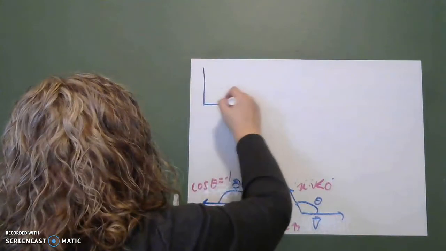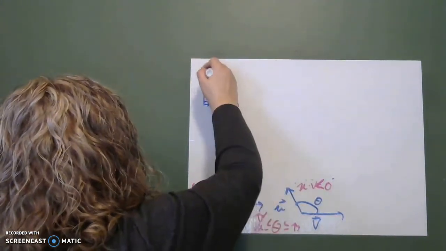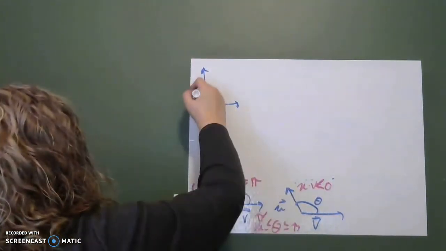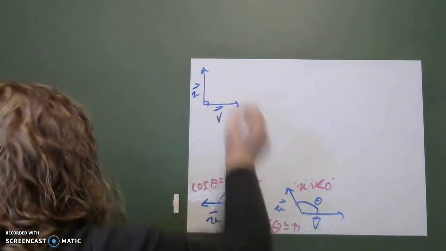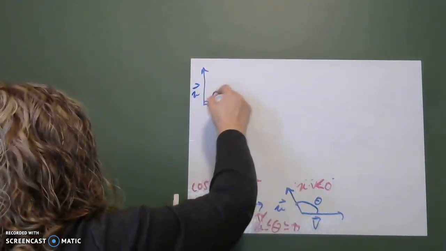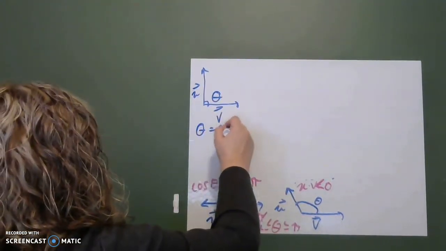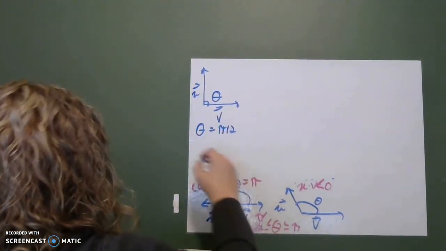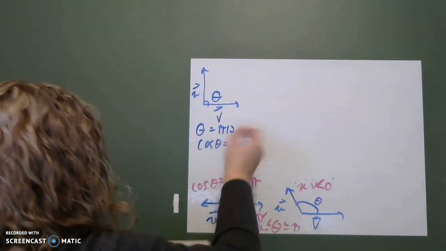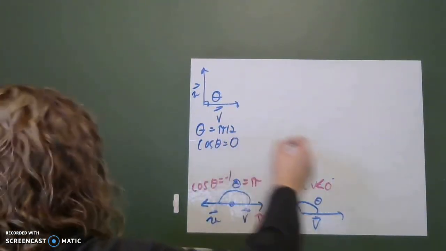If you've got a right angle formed by your vectors, so if this is u, that's v, that means theta is here. So when theta equals pi over 2, then cosine of theta is, well, what's cosine of pi over 2? It's 0.